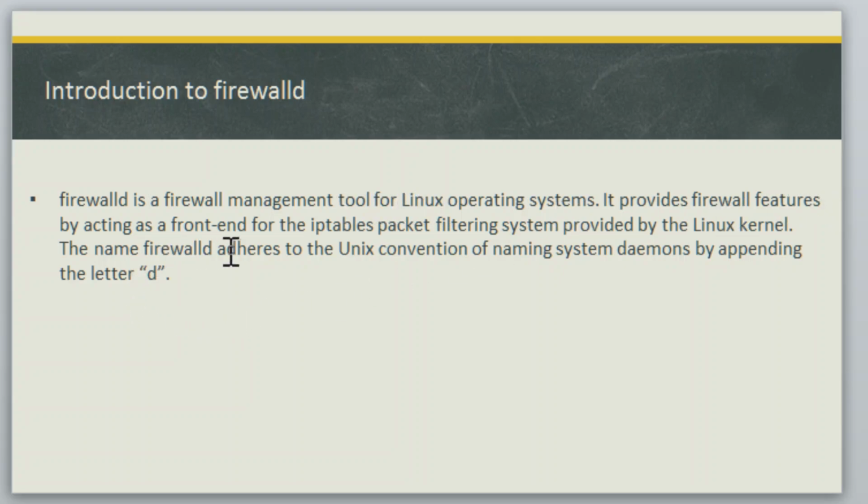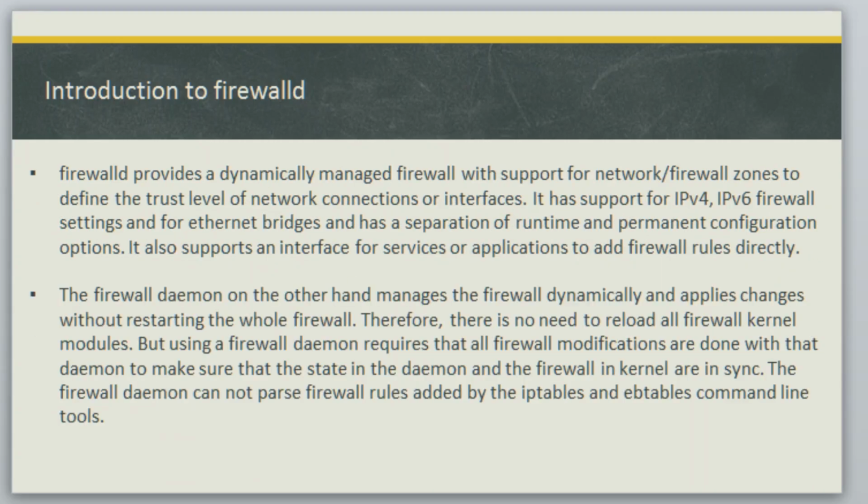The name firewalld adheres to the Unix convention of naming system daemons by appending the letter D. Firewalld provides a dynamically managed firewall with support for network firewall zones to define the trust level of network connections or interfaces. It has support for IPv4 as well as IPv6 firewall settings, and for Ethernet bridges, and has a separation of runtime and permanent configuration options. It also supports an interface for services or applications to add firewall rules directly.